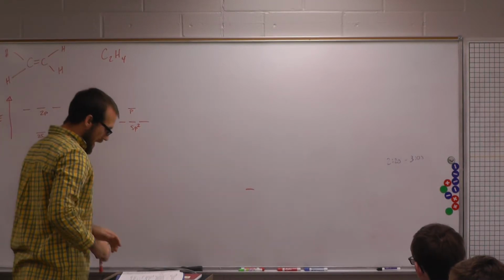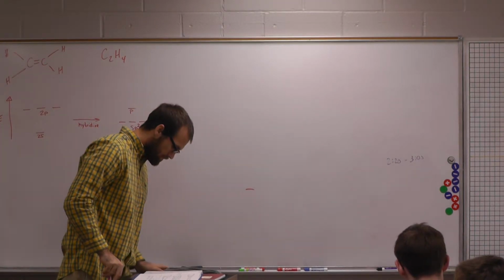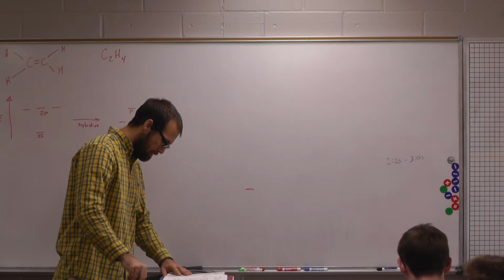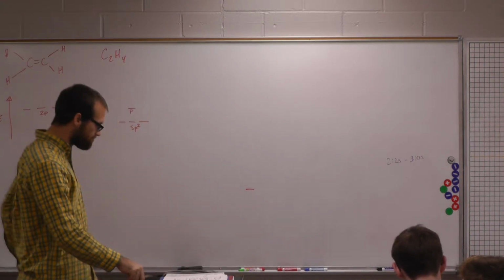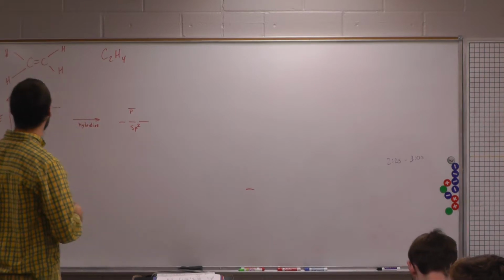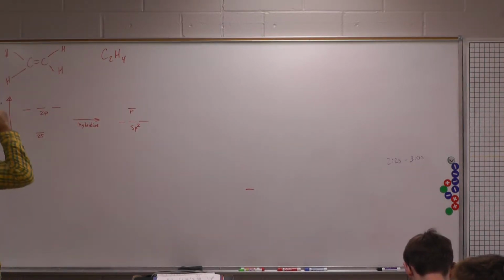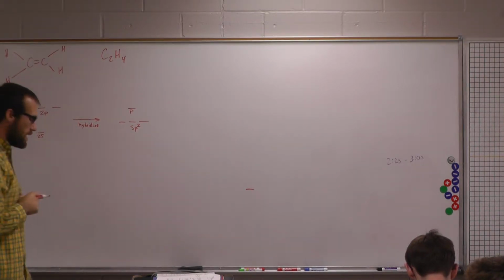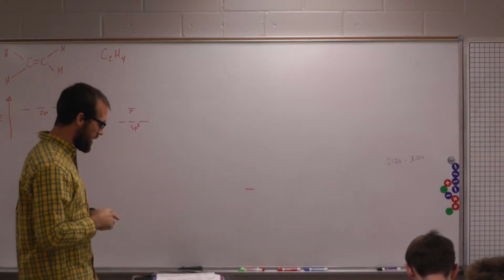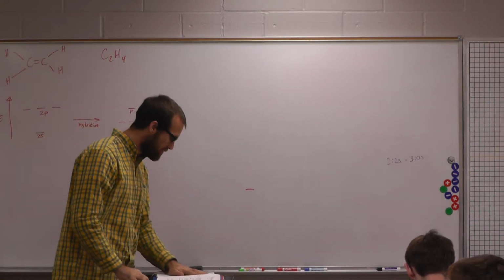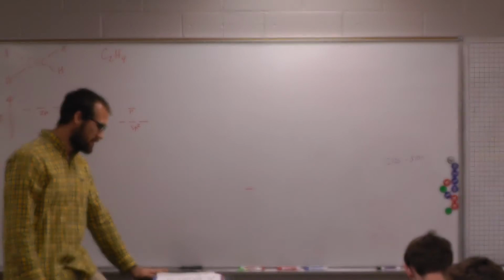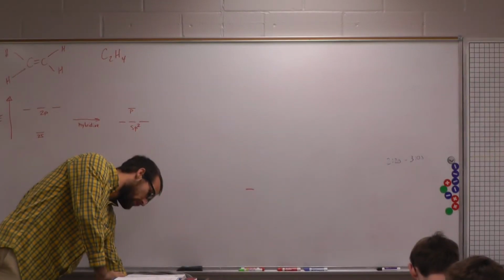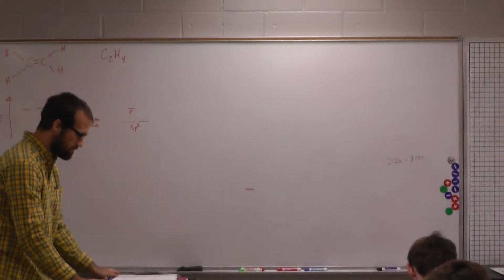Turn your books to 408. This is a little bit trickier. We have to spend a little time focusing on this. At the top here, this is your orbital example of what this is going to look like. Okay. Your blue guys are going to represent what? Your hydrogen.